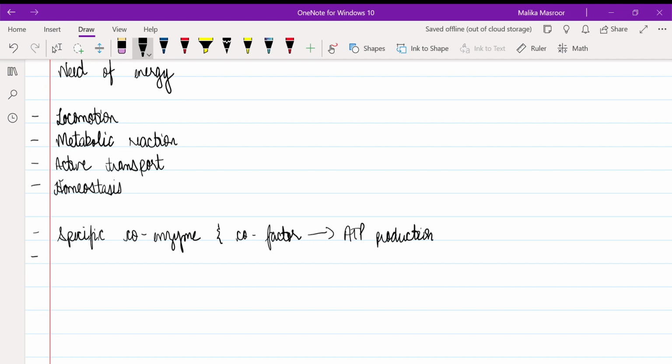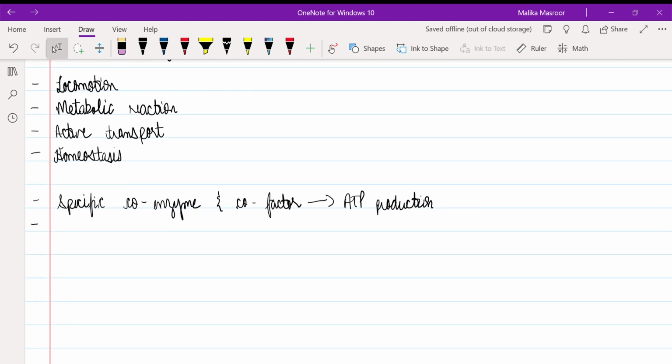And how do we obtain energy? So we obtain it by aerobic and anaerobic respiration. And then we have 3 major stages for it.